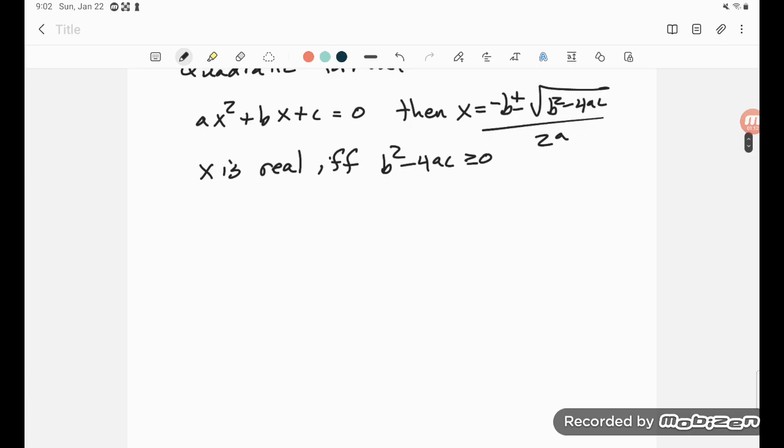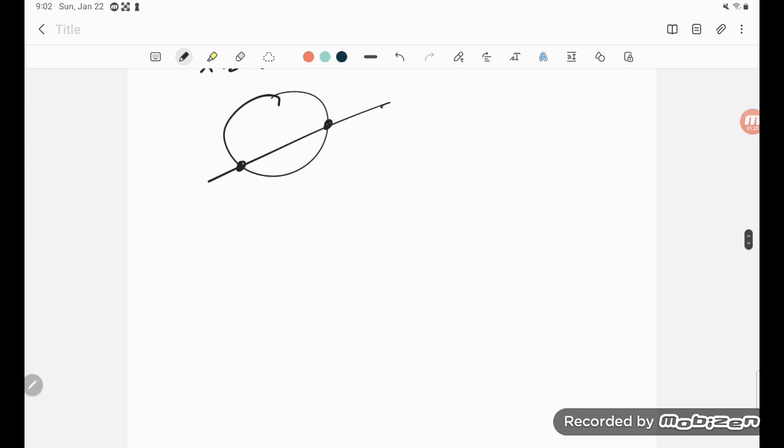Then what they want us to do is be able to take a circle and a straight line like that and be able to find points of intersection. So that's going to be the applications they tend to give us. We could also do two circles.